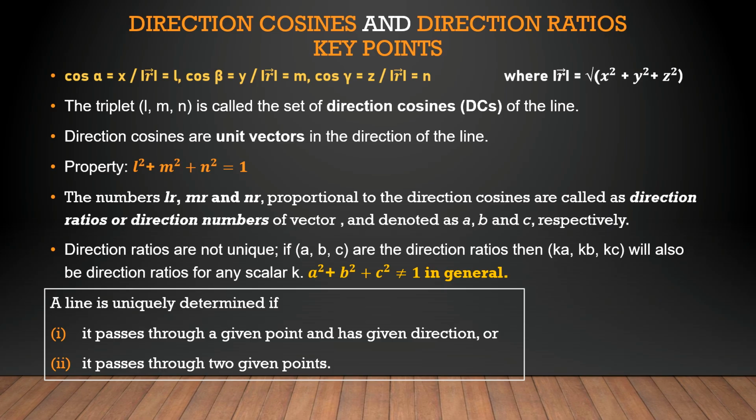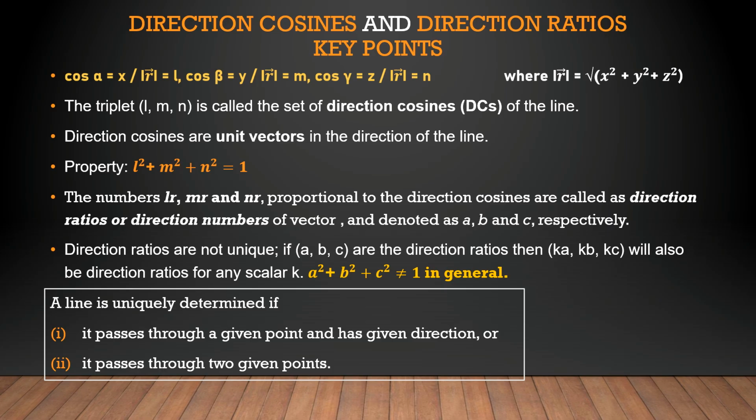These numbers lr, mr, nr, which are proportional to the direction cosines, are known as the direction ratios or simply direction numbers and denoted by a, b and c. But a square plus b square plus c square is not equal to 1 in general. In fact, you can have many direction ratios, they are not unique like the direction cosines.